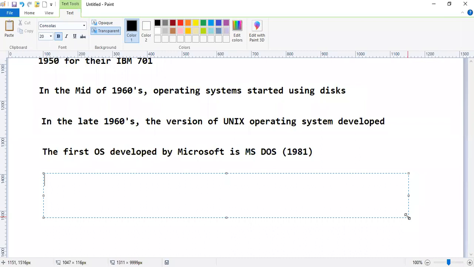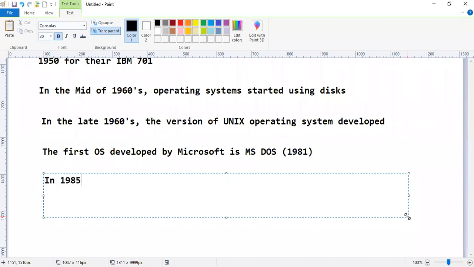Whatever you are seeing in the computer now, that is called GUI. The present-day popular operating systems with a GUI, the first OS with a GUI came into the market in 1985.